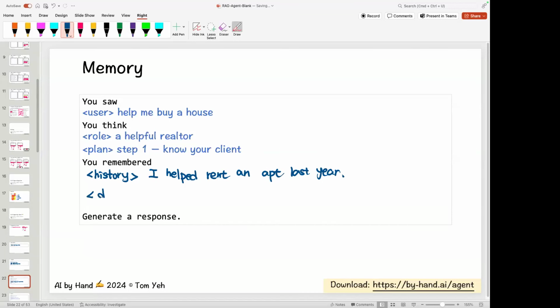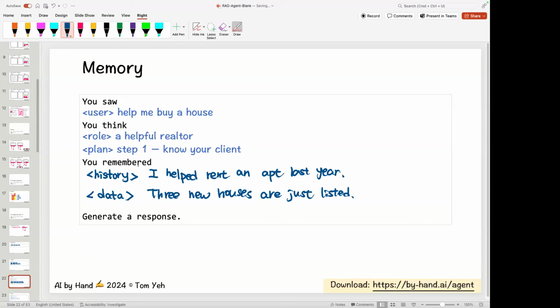And then also have some real-time data from the database. Maybe I just remember there are 3 new houses just listed. So you write that memory directly into the prompt as well. I write this into the prompt. With all this together, the large language model saw stuff, thought about stuff, and also has some memory here.